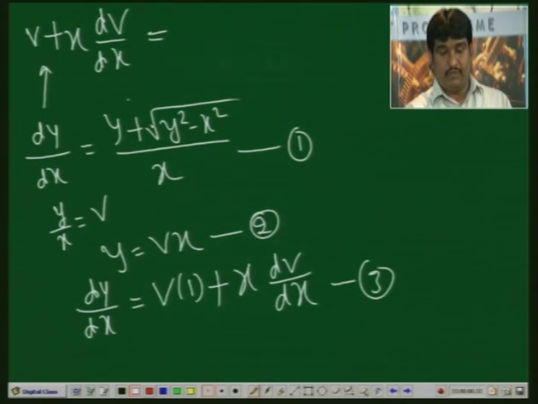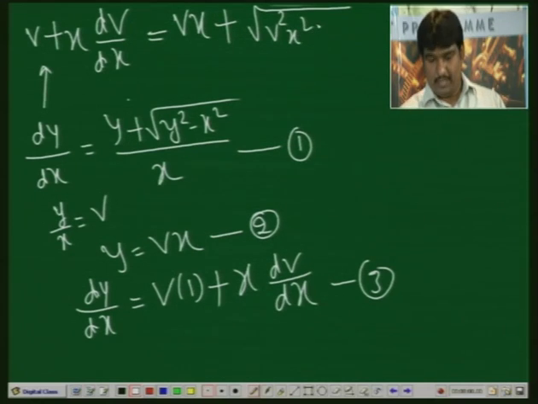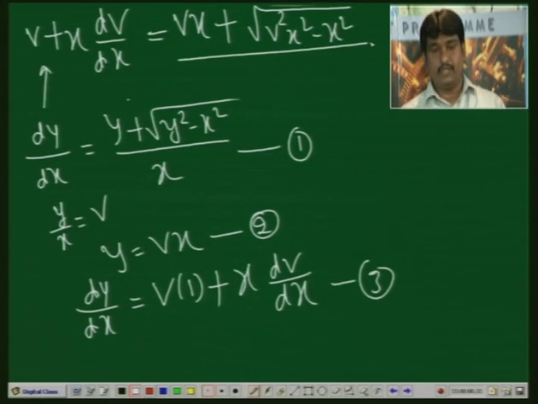Y is vx plus root of y square. Y square is v square into x square minus x square divided by denominator x. So I have converted everything in terms of v and x. So we have to simplify this.